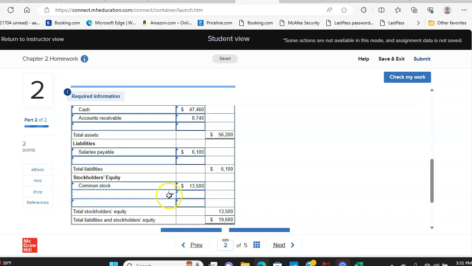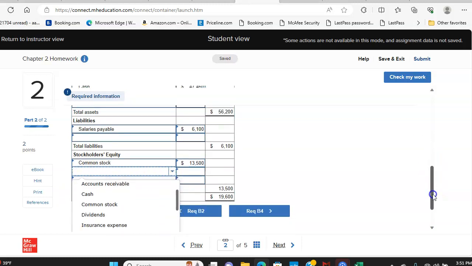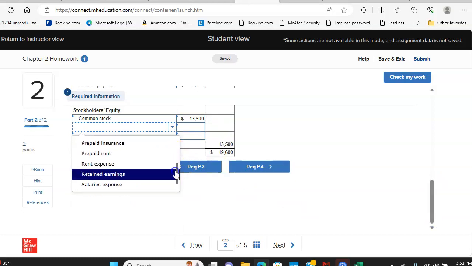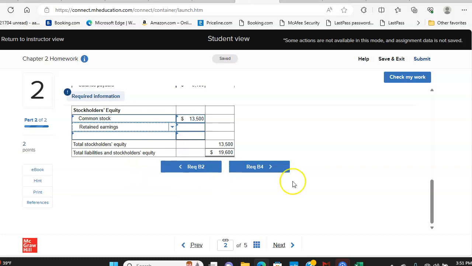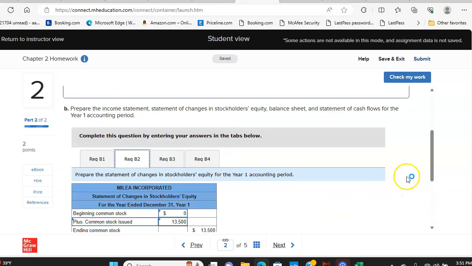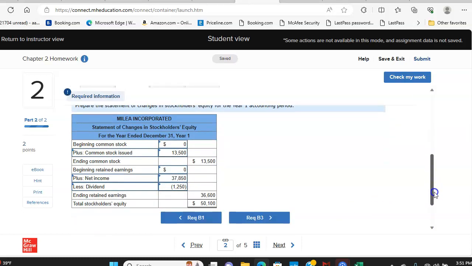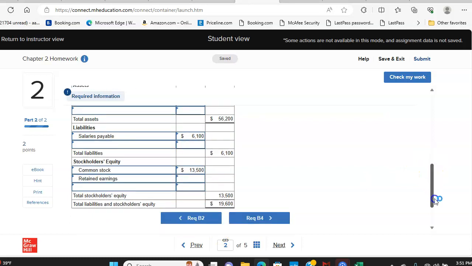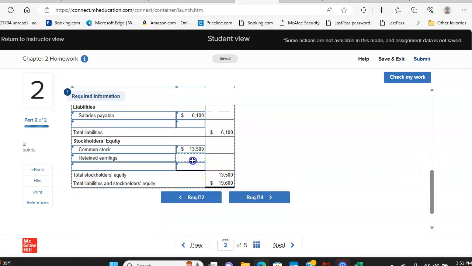And then my ending retained earnings, from the previous transaction, that amount was 36,600.